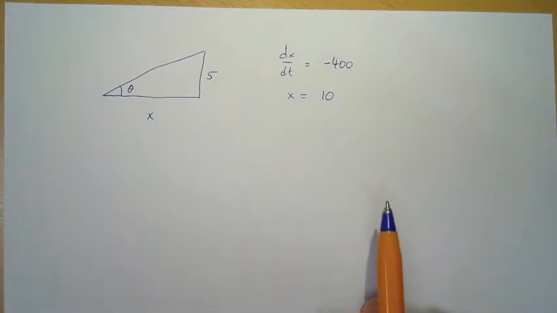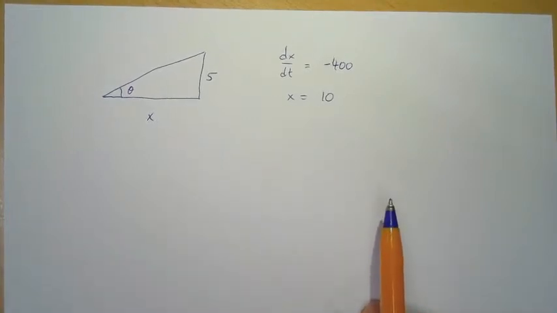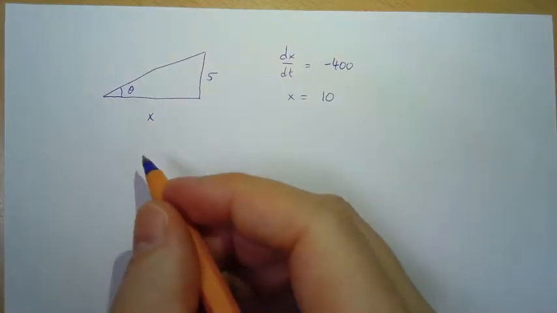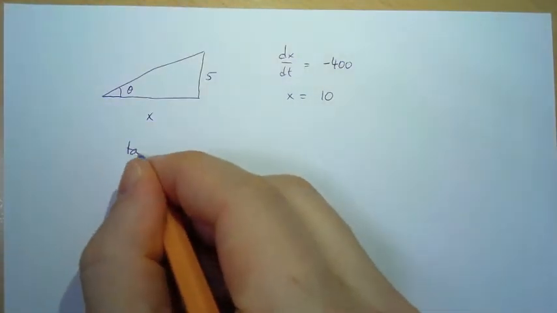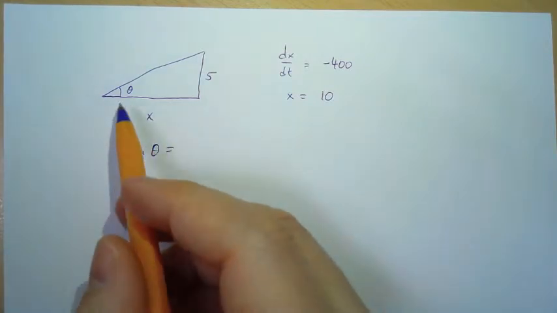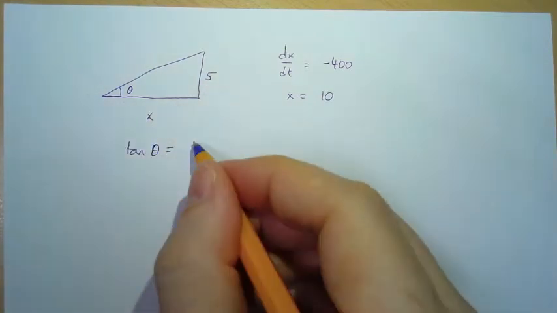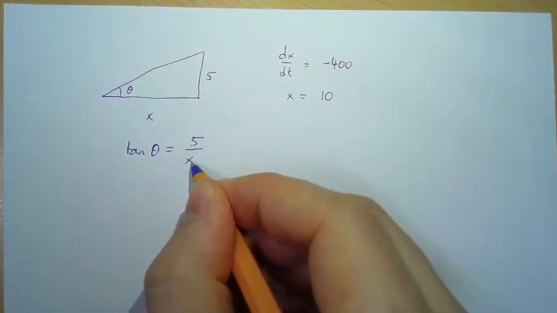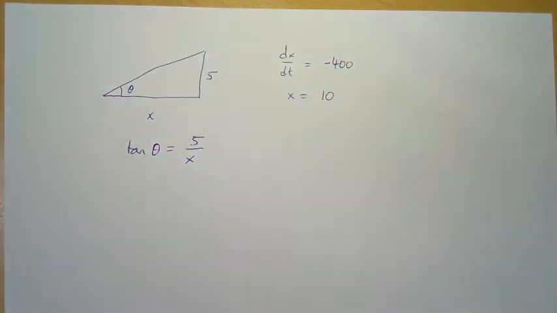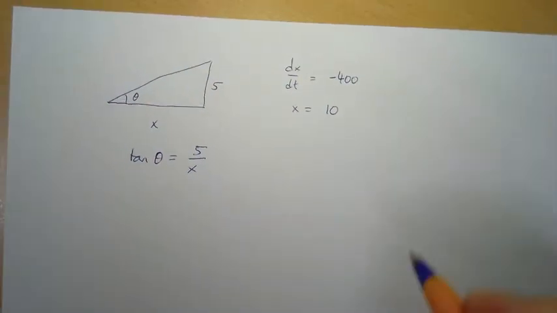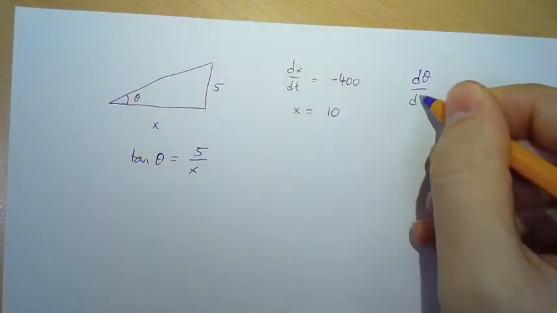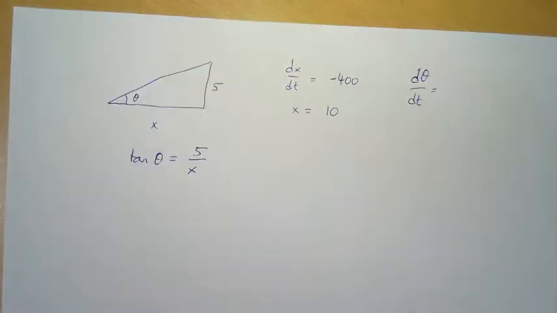Okay, so we need to find an equation that ties all these variables together, and the clear one to choose is tan theta equals opposite over adjacent, 5 over x. And since we're interested in knowing how quickly the angle theta is changing, what we're looking for is d theta dt. What is the rate of change of the angle?